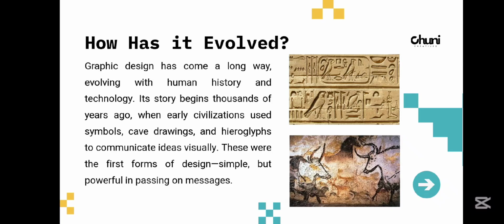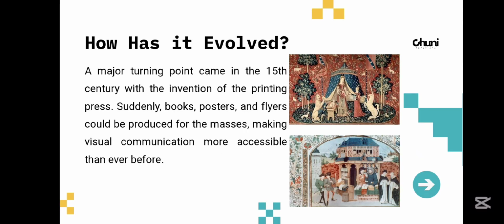And then fast forward to the Industrial Revolution around the 15th century. So there was a major turning point in the 15th century with the invention of the printing press. Suddenly, books, posters, and flyers could be provided to the masses, making visual communication more accessible than ever before.